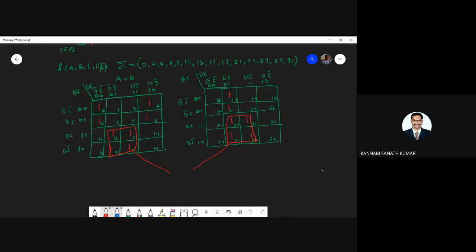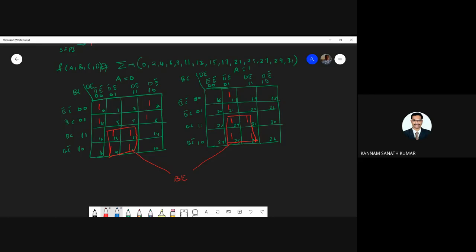Three variables. So A will be eliminated, since this one is A equal to 1. Here B is common, C is eliminated, and E is common, so D is eliminated. You are getting B.